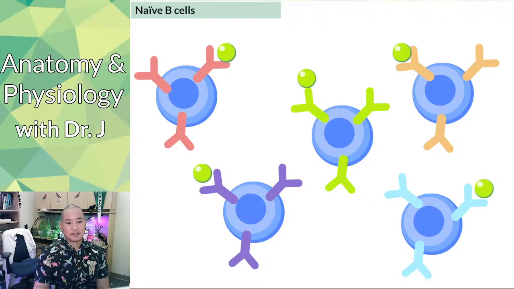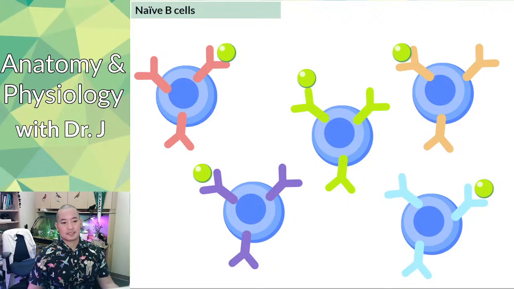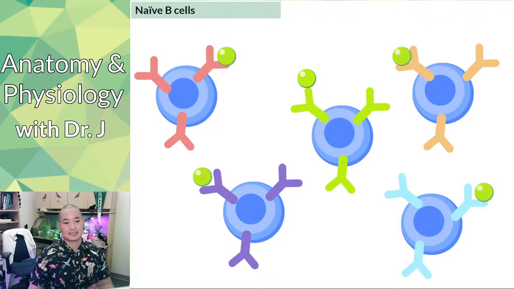Say you get infected by this pathogen and it's releasing large amounts of this molecule found in its extracellular cell wall or something, say it's a bacterial protein we're showing here. So which ones are going to recognize it? Well, the ones that are able to bind this antigen are going to be activated by this antigen, but not all of them will be activated because some don't bind this antigen.